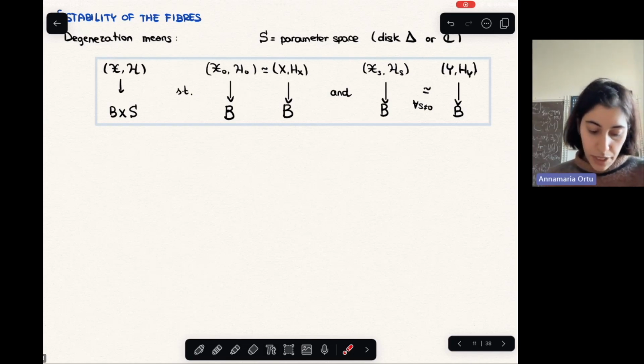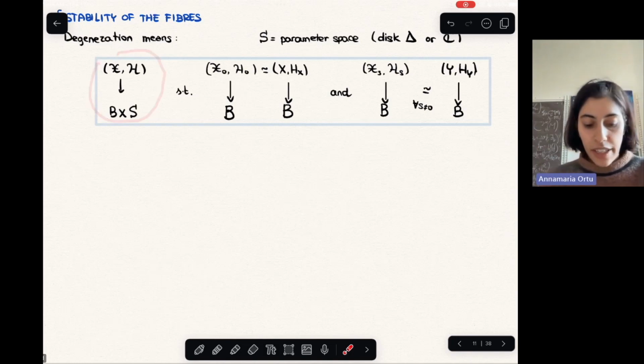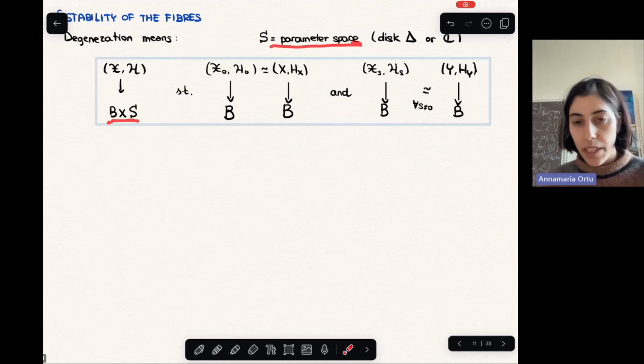so that we can construct a family like this, curly X, curly H over B times S, where S is some parameter space.